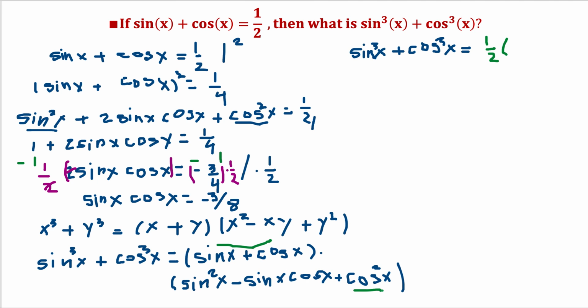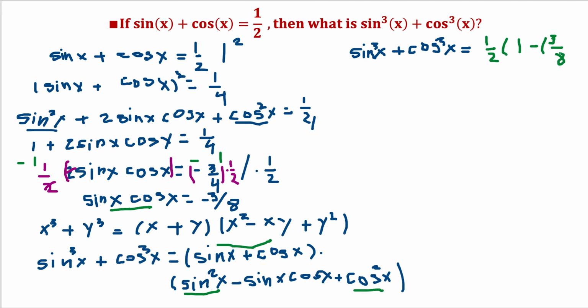These two trigonometric functions will give 1. And I have here a minus sign, minus sine x times cosine x. But sine x cosine x is minus 3 over 8. Here is a minus sign, and sine x cosine x is minus 3 over 8, so it is a plus 3 over 8.